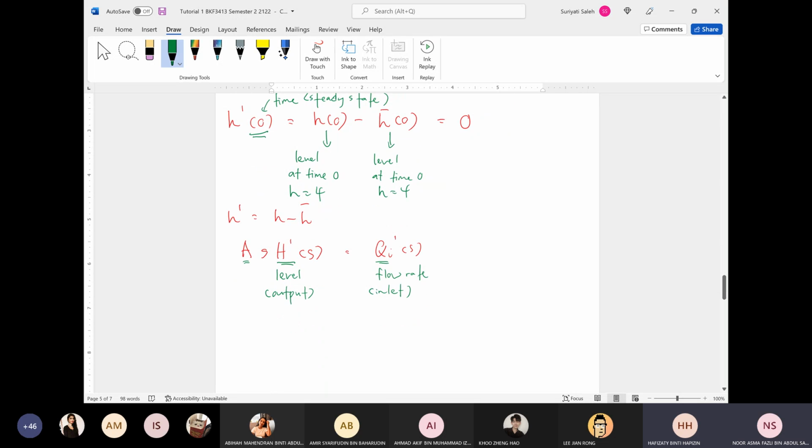The next step after we do the Laplace is to obtain what we call the transfer function, where the transfer function definition is output over input.